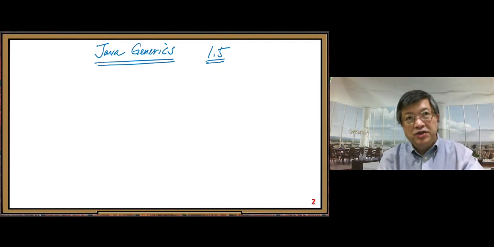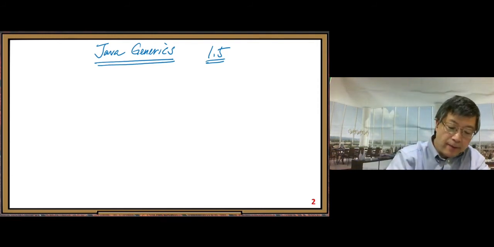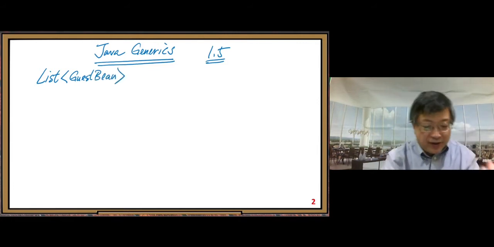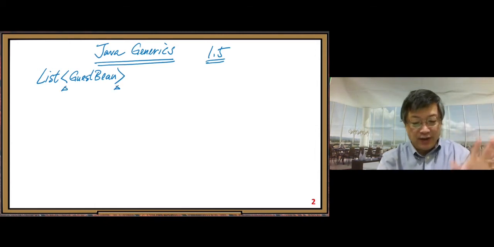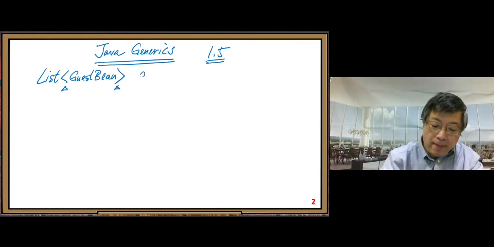Let me write the syntax first. GuestBean, or some Java bean name, any Java bean name we can use. You can see we use angle brackets, very special, angle brackets. That's the type we declare.